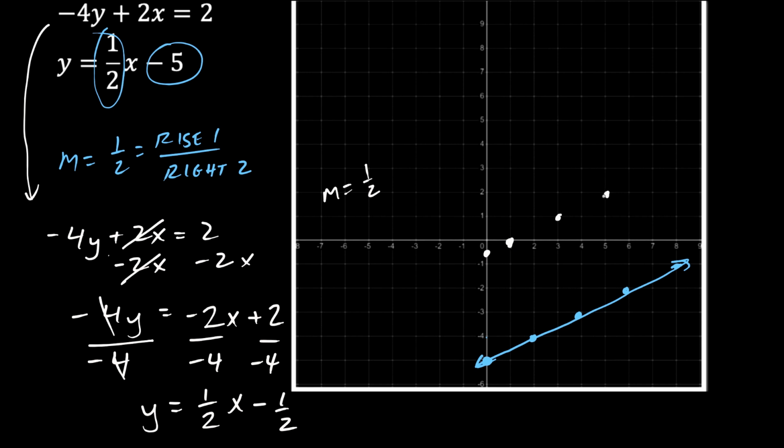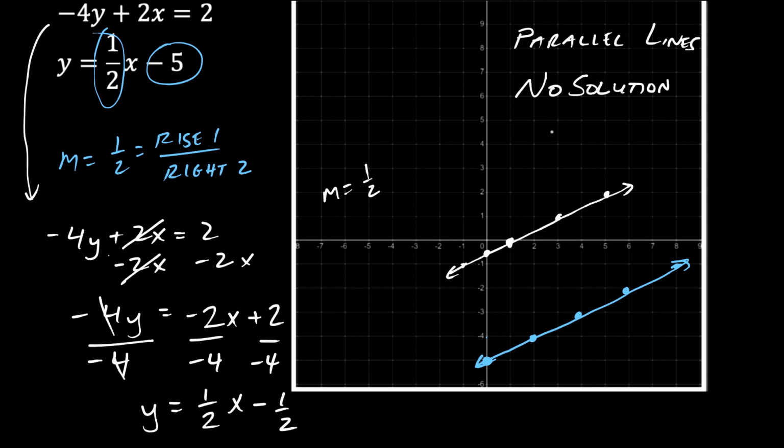Now that we have a nice point, we can go back here. So you'll notice when we graph this, when they have the same slope and a different y-intercept, they're parallel lines. So when we have parallel lines, we're going to have no solution. So let's write that down. And you can either write the phrase no solution, or you can use this symbol, which means the null set, which basically means no solution.